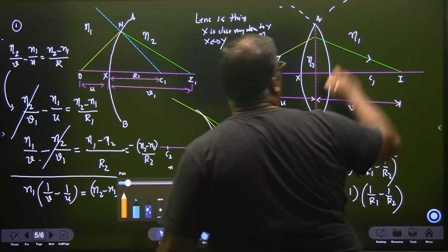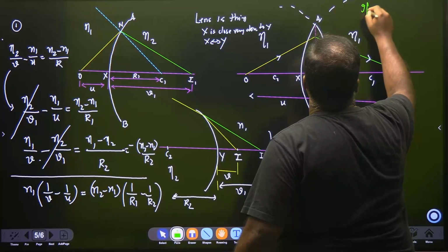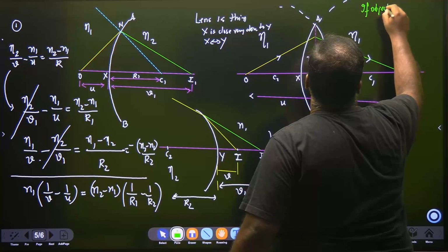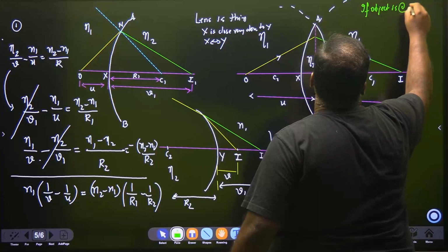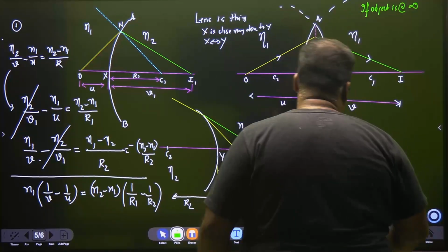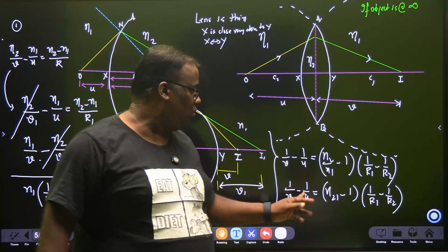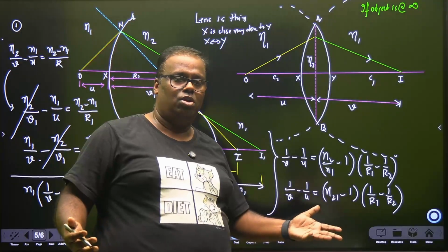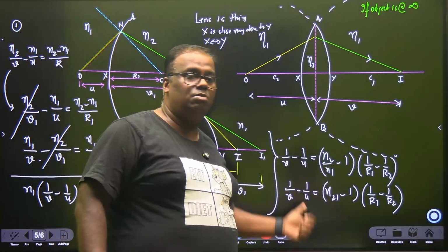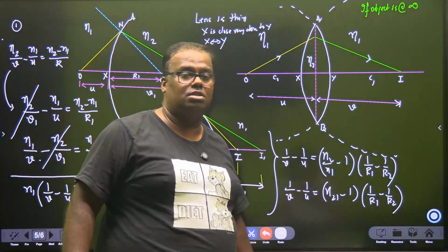If the object is at infinity, then what happens to this quantity? 1 upon u becomes 0. And when the object is at infinity, the image is formed at focus.